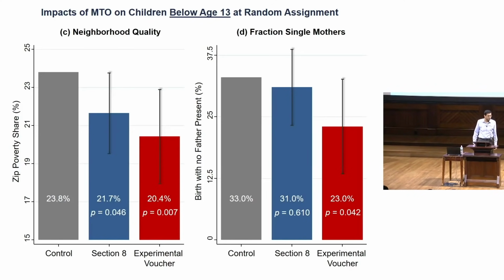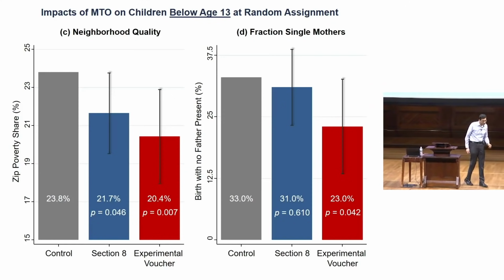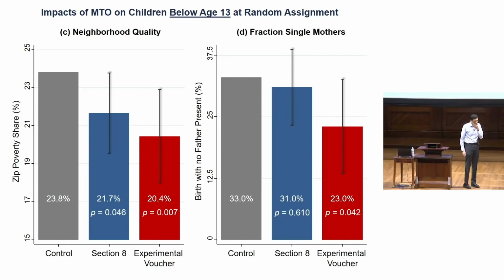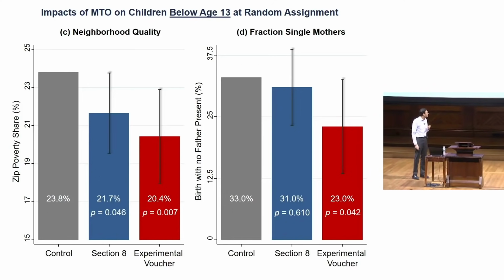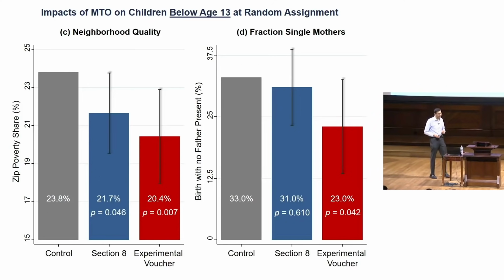Anybody else? Yeah, please. For the difference for the kids between 13 and 18, do you see the same trend regardless of gender? Yeah, good question. So are there gender differences? So here, and this actually interacts with the previous question.